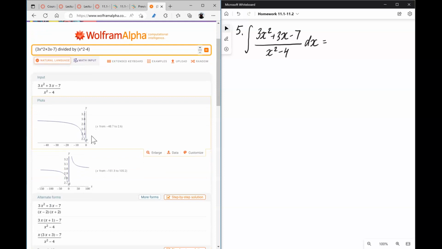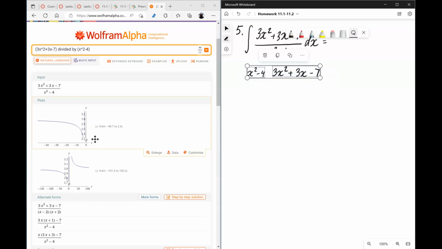Interesting. Okay, well, that's why we learn how to do the division by hand. So if you remember, actually, I may not remember myself how to do this long division. Let me see. So we write it like this.